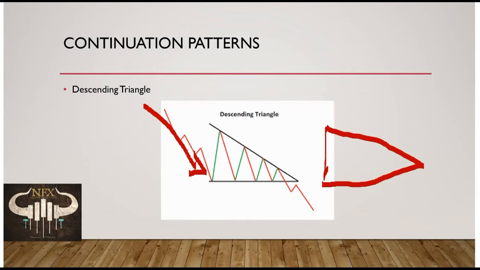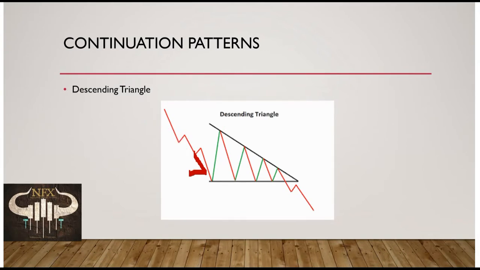Once you see this triangle, you know that as soon as it breaks out of your trend line support, you're going to be looking for selling opportunities, because a descending triangle indicates a continuation to the downside. If your overall trend is bearish and you have a triangle in that bearish trend, you're looking for more selling opportunities, because the market is going to the downside.